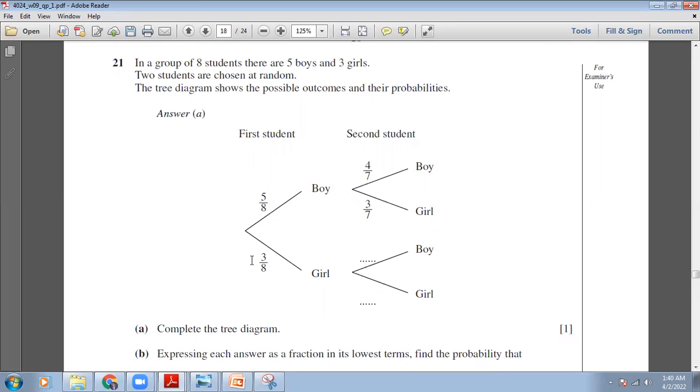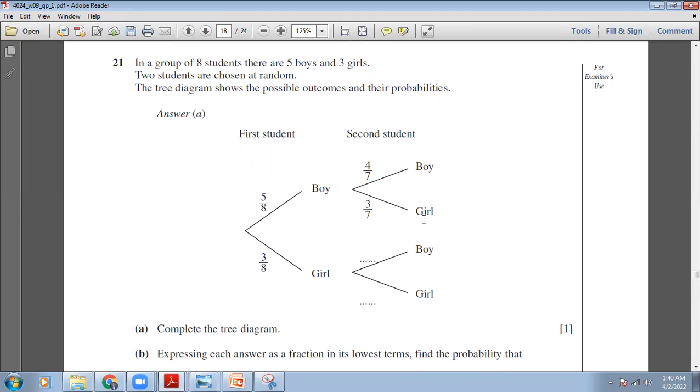Obviously, on the first position, if a girl is chosen, the chances are 3 by 8. Then, if already a boy is chosen, then the total number will be decreased by 1. The number of boys has also decreased by 1. So the second one will also be a boy, 4 by 7. And the probability of getting a girl on the second position will be 3 by 7.